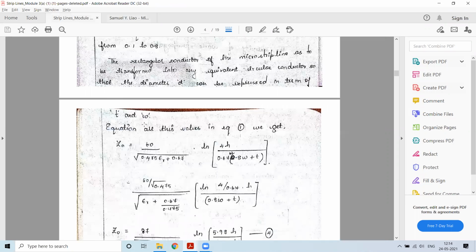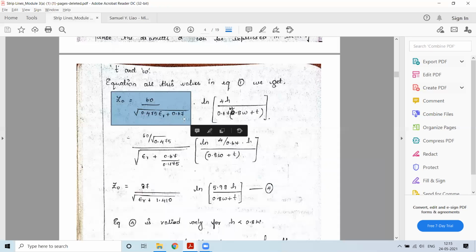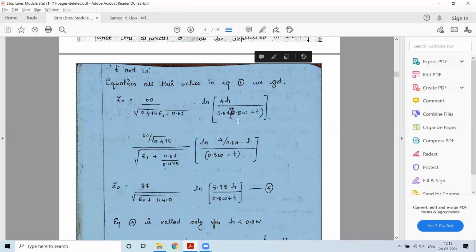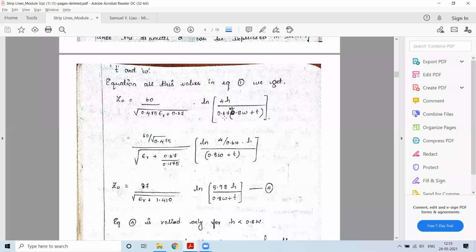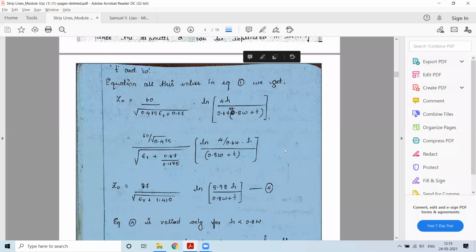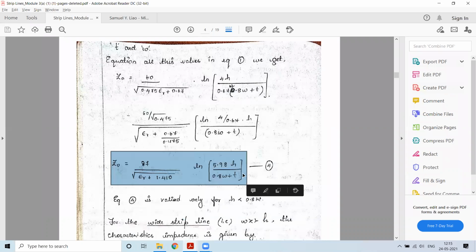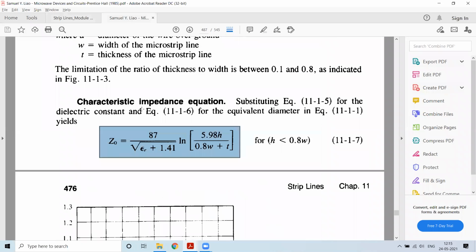So Z naught, in this we have replaced epsilon re with the equation we had seen over there, that is 0.475 epsilon r plus 0.67, and we had replaced the d value with its relevant equation. And when we simplify this entire expression, we end up with Z naught, that is the characteristic impedance for the microstrip line. We obtain it for the microwave microstrip line.